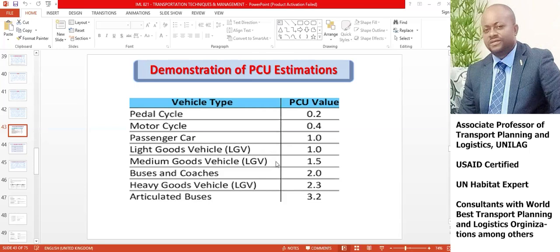For the MGV, if it is 1,200, what's the total PCU value? 1,800.